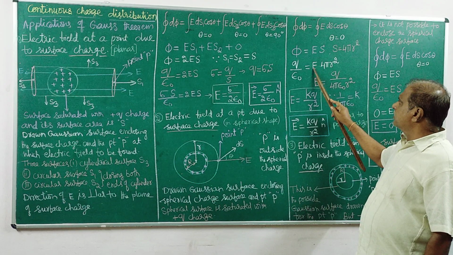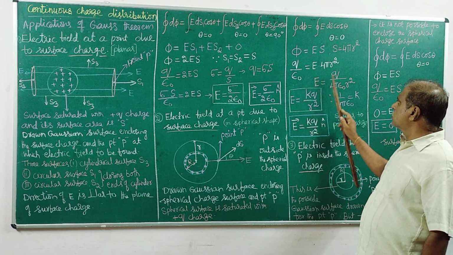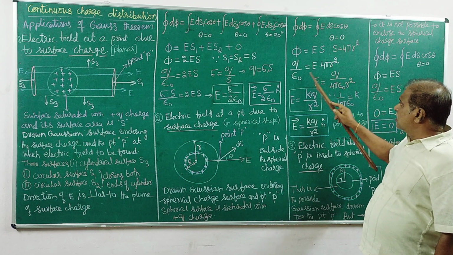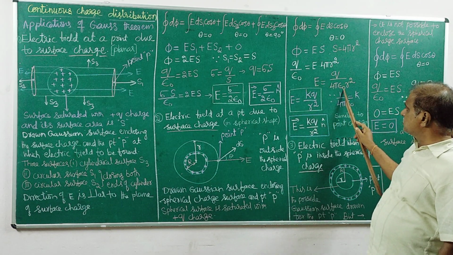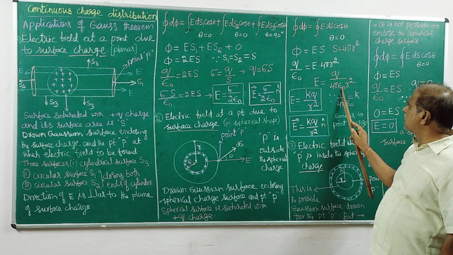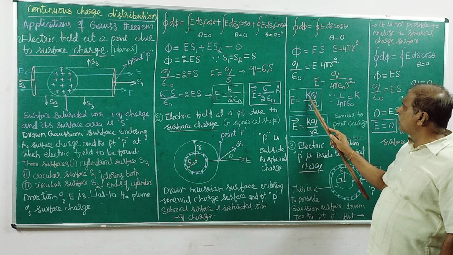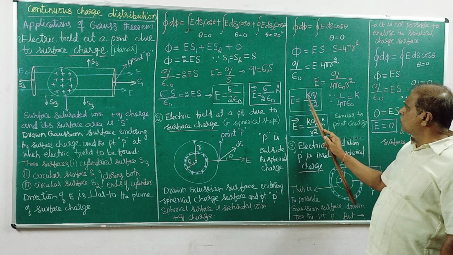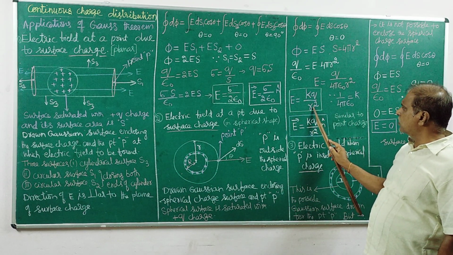Then solve for E. E is equal to this. Taking this to the left hand side, you get this. And now 1 over 4 pi epsilon naught we can write as Coulomb's constant, which is known. So E is equal to kQ divided by r squared.